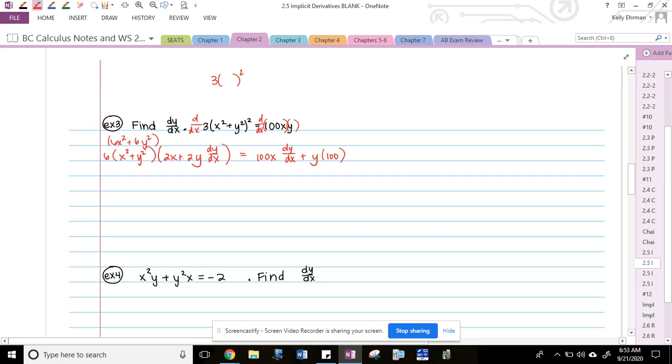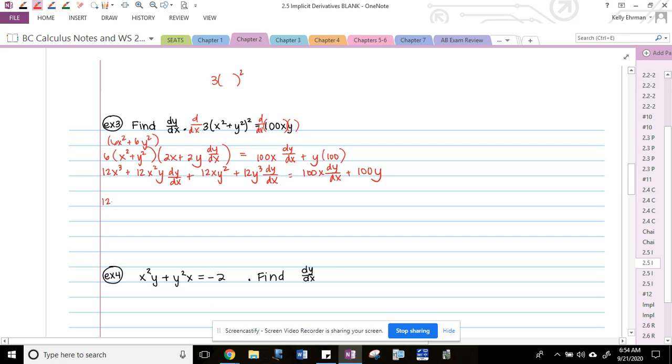I'm going to multiply that through this binomial. So I'm going to get 12x to the third plus 12x squared y dy/dx plus 12xy squared plus 12y to the third dy/dx equals 100x dy/dx plus 100y.